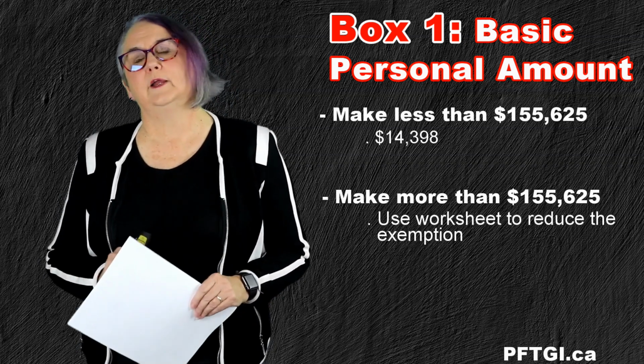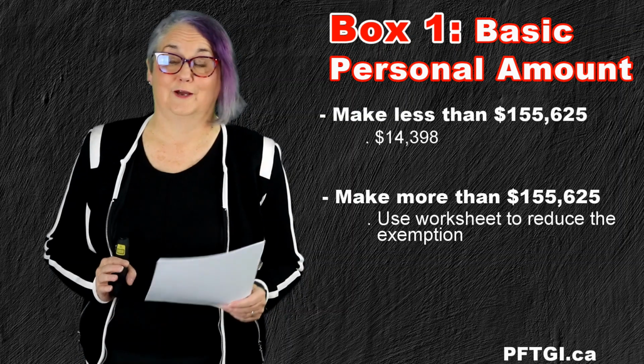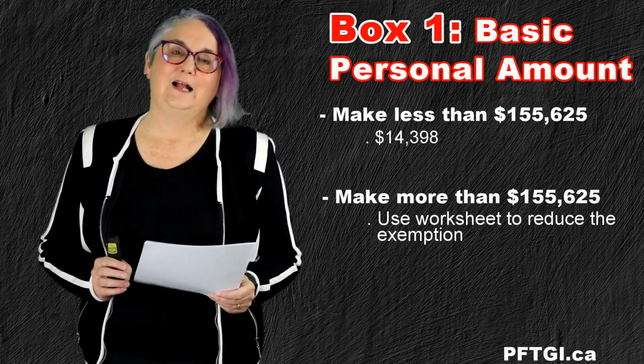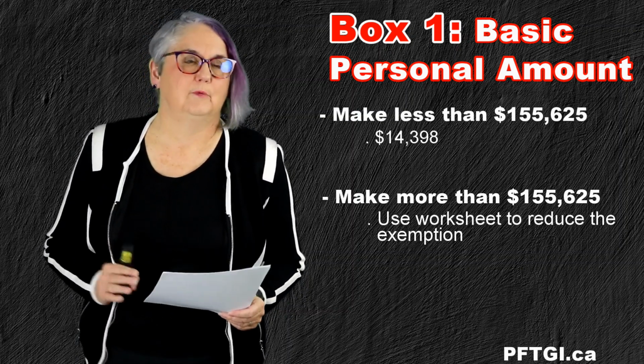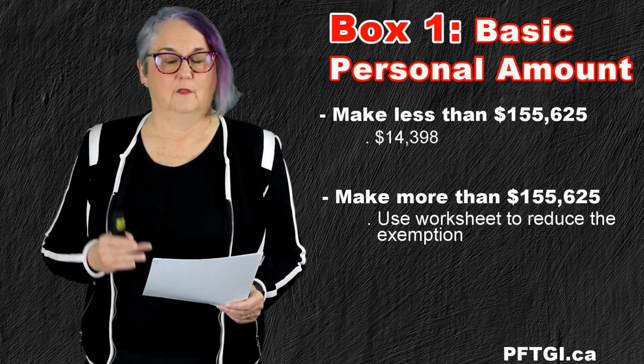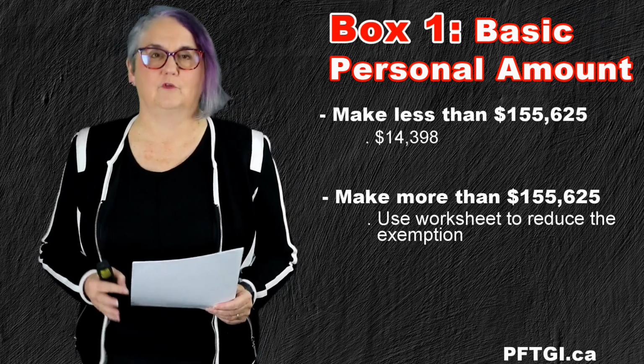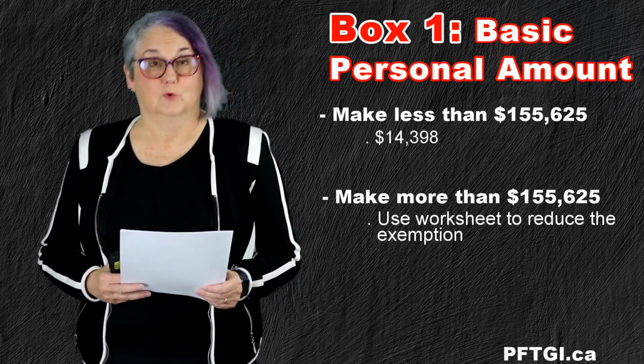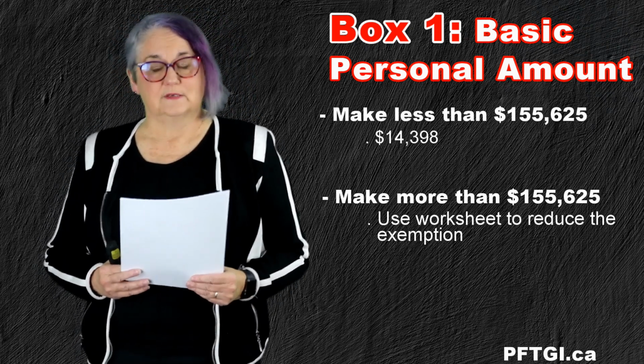If you are going to make more than $155,265, then you need to fill in the worksheet, because you're going to be allowed to have less of a deduction the more income you make over the 155.